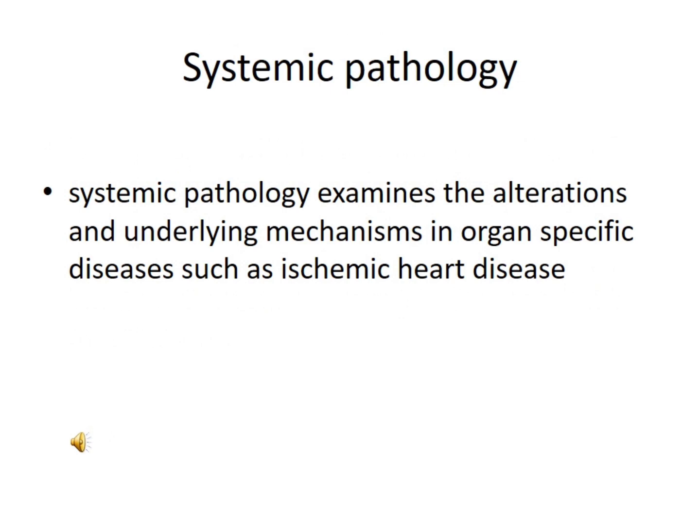In systemic pathology, you will examine the alterations and underlying mechanisms in organ-specific diseases, for example, ischemic heart disease, which is caused by atherosclerosis, right? Appendicitis, caused by bacterial infection. So first, in general pathology, you will learn the general features, and in systemic pathology, you will take one by one organ and tissue and its related diseases.